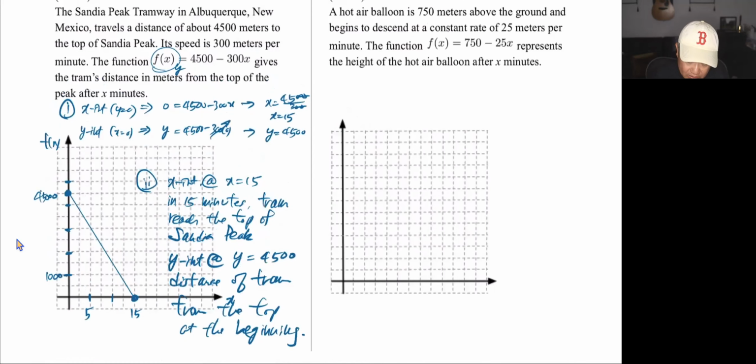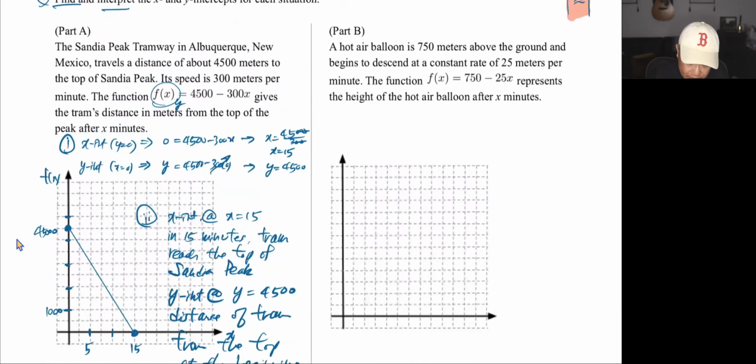When you do part B, it's very similar. So let me go a little bit quicker though, okay? Part 1 is looking for the x-intercept when y is equal to 0, and that 0 is equal to, because f of x is y, 750 minus 25x.